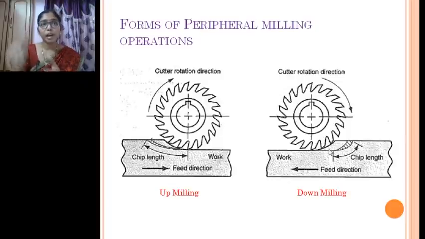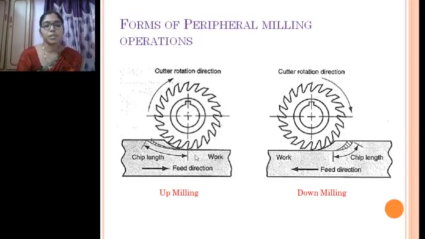Because of the cutting motion, the workpiece is held here, right? It is not acting in the opposite direction. So not much concentration on the holding devices is required in this particular case, since the cutting forces are also acting as a part of holding the workpiece in the down milling operation.